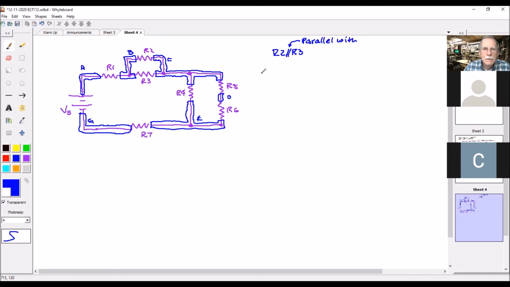Is that R5 is in series with R6? R5 is in series with R6. And R1 and R3 are in series. R1 and R3 are in series.